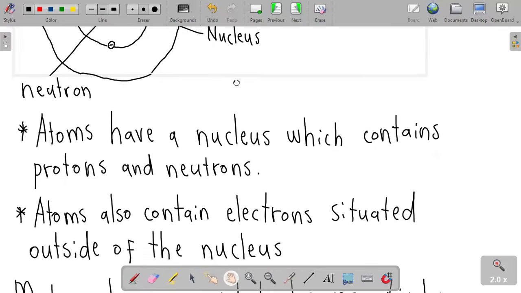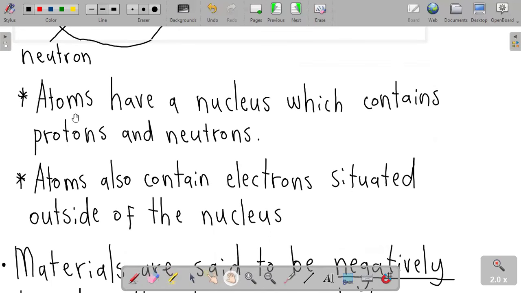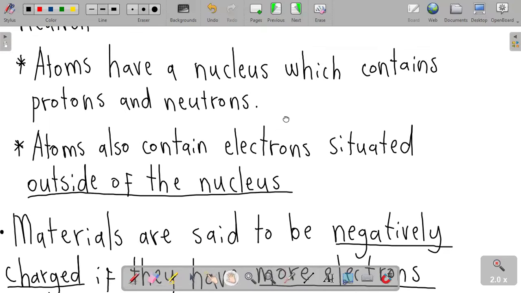Atoms have a nucleus which contains protons and neutrons. Atoms also contain electrons situated outside of the nucleus. It's very important to remember that.